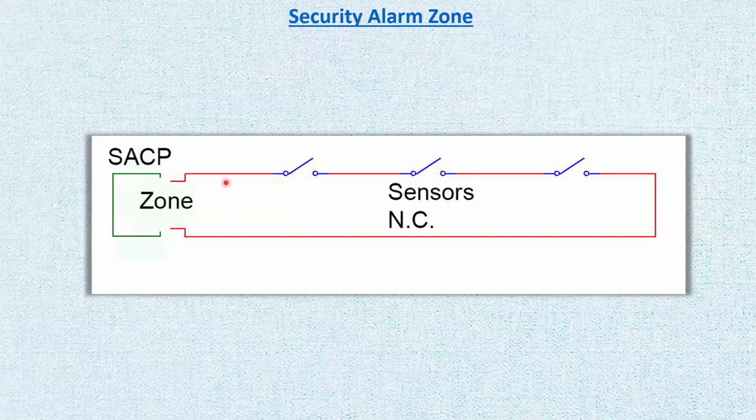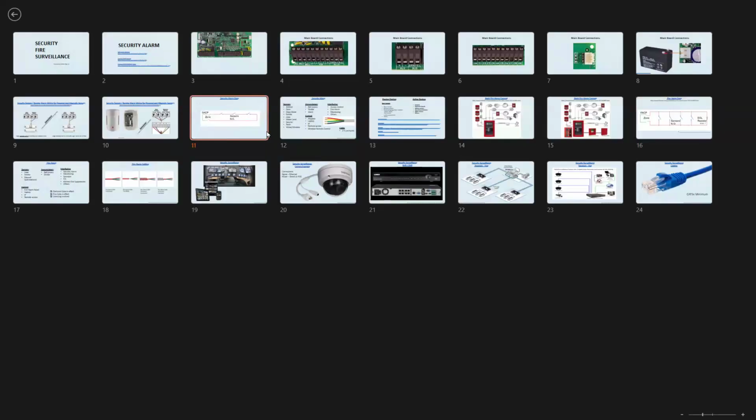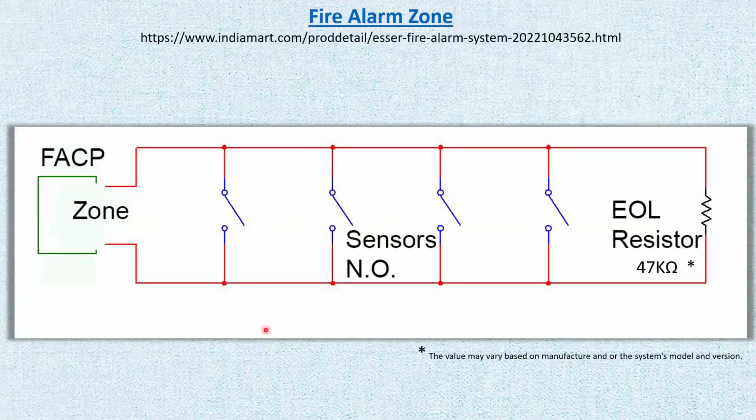It's not going to work like this. It will have to have an end-of-line resistor, and the smoke detector would be placed as normally open. And of course, within the programming, you would have to let the system know that that particular zone is a fire zone.